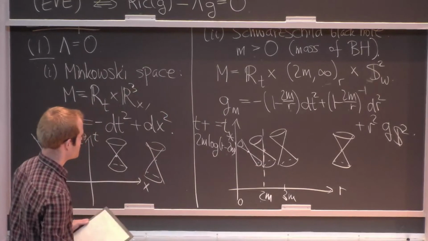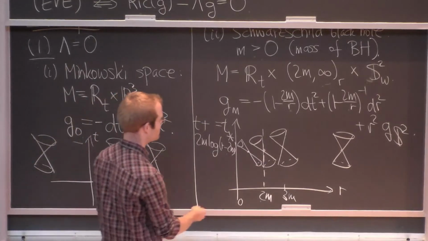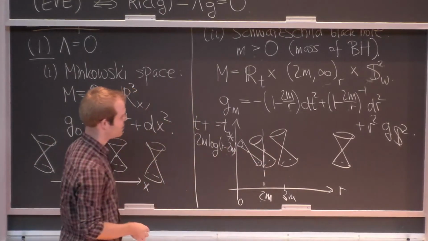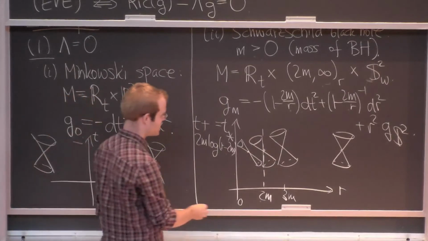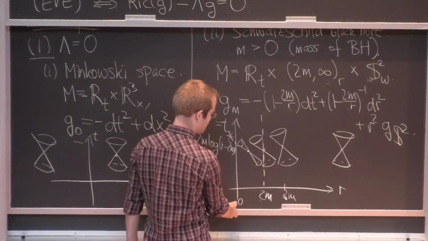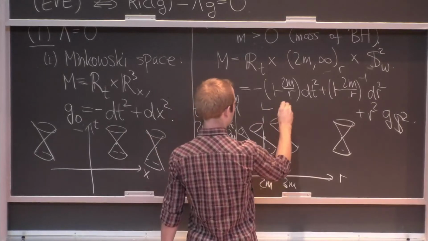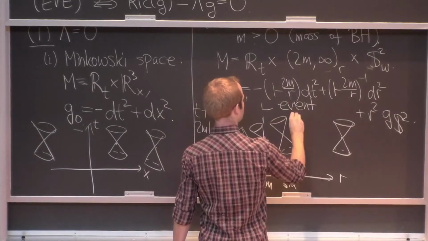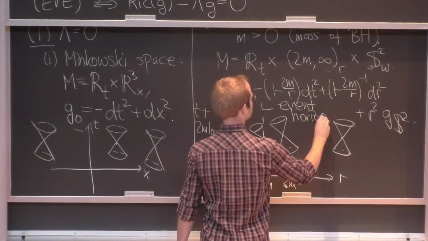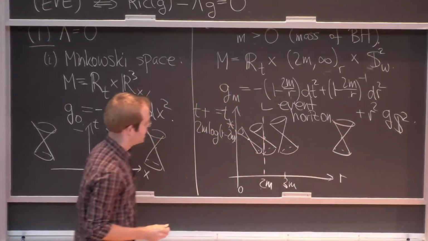Okay, so now why would you call this spacetime a black hole spacetime? Well, it's exactly because of this dashed line here, which I already called just now the event horizon. And it has the following feature.